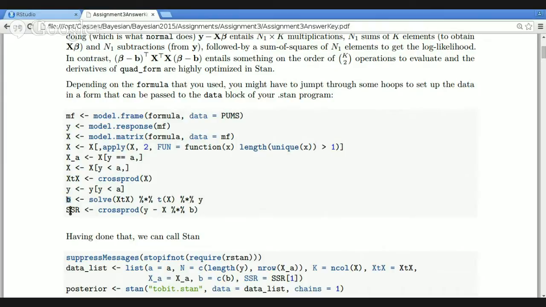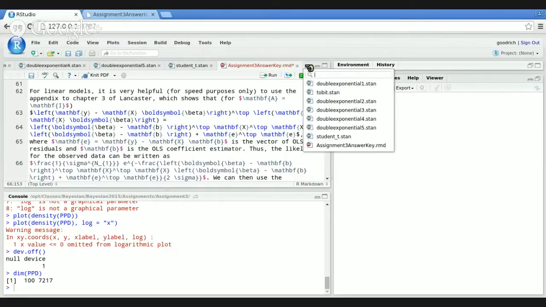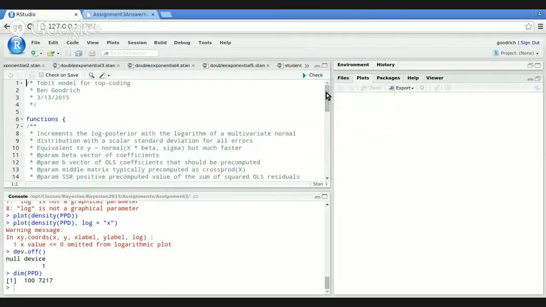And then for the sum of squared residuals, we take our OLS coefficient vector, multiply it by X, subtract that from Y, take the sum of squares, and then we have the two inputs that we need for that model, which I will show, what's it, Tobit? Here.